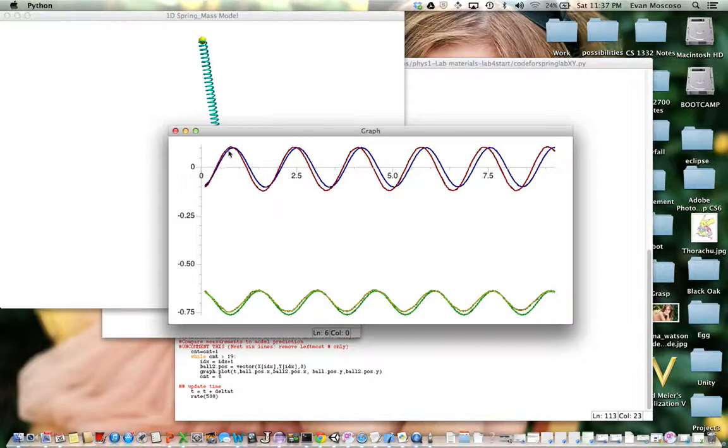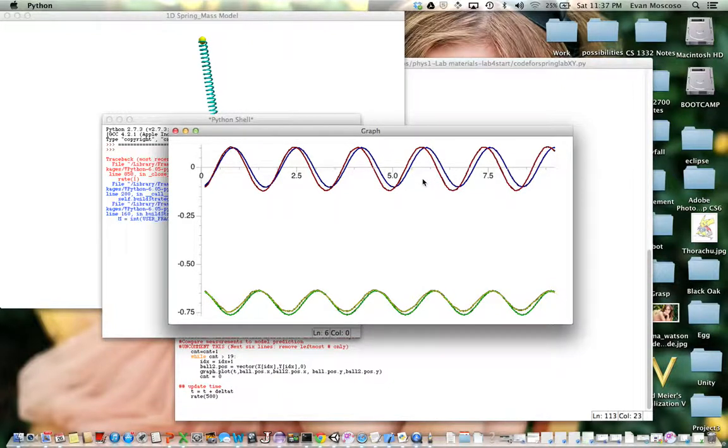The model is the blue line, which as you can see is pretty steady, and the one I recorded in Tracker is red, which, as you can see, starts to slowly fall behind the model's prediction. And in here we have the y coordinates, where the green is the model and the yellow is the Tracker.